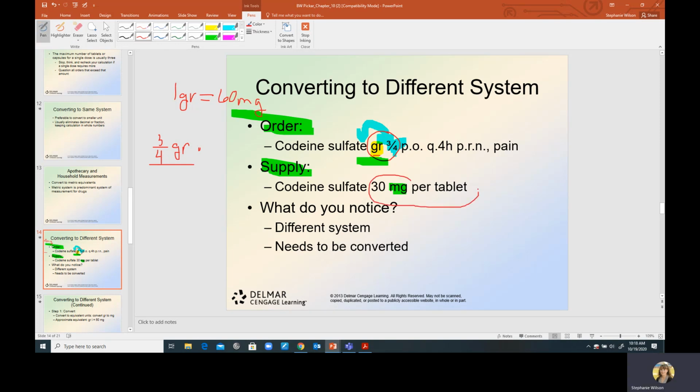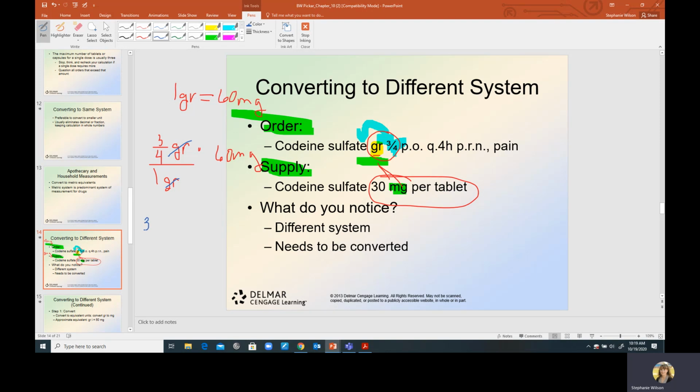We have 30 milligrams per tablet, but we're solving for grains to milligrams. So I know for every 1 grain is 60 milligrams. Now I can go grain reduced with grain, which leaves me milligrams on top. That's good. Then we have 3/4 times the 60.